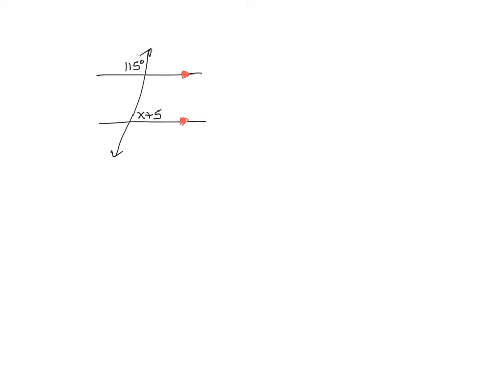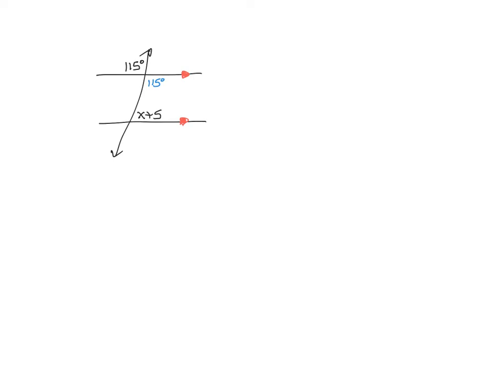So what you'll need to do is, and there's a couple different ways you can do it, but I think, so you could say, well, that's 115 degrees by vertical angles, and then you've created consecutive interior angles with the x plus 5 and the 115.